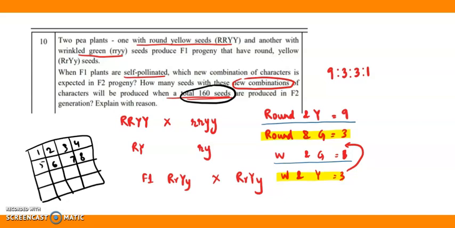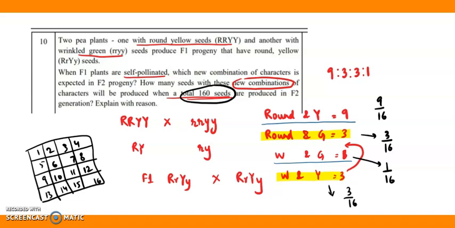We had 16 individuals. Round and yellow were 9 out of 16. Round and green were 3 out of 16. Wrinkled and green were 1 out of 16. And wrinkled and yellow were 3 out of 16.